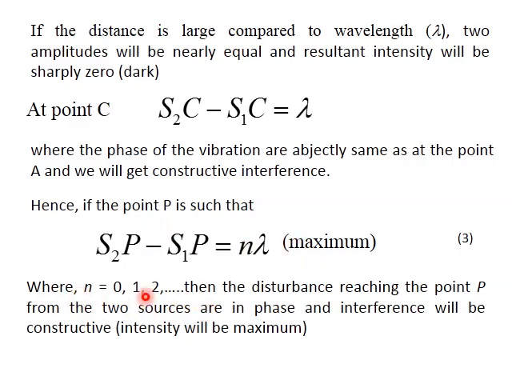Where my n is given as 0, 1, 2, etc. Then the disturbances reaching the point P from the two sources are in phase and interference will be constructive. So intensity is maximum, as we already said. Fine? Okay.